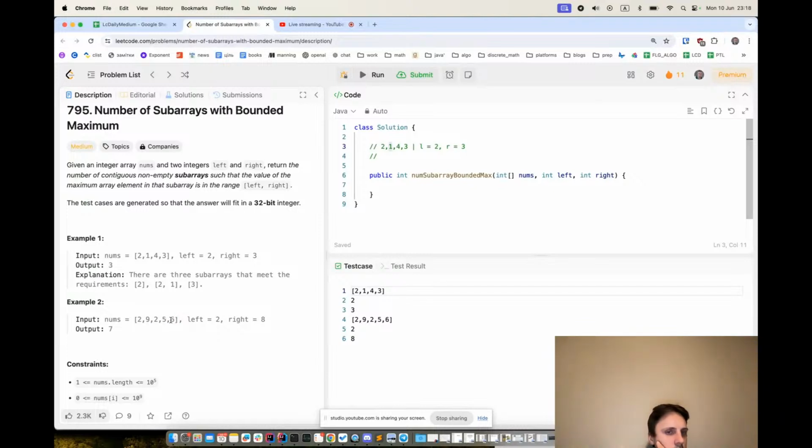So it would be 6, right? Plus 1, it would be 7. Why is it 3 factorial? Because we have 1, 2, 3, then 1, 2, and this one would be 3. So we have 6, and this one is 1.